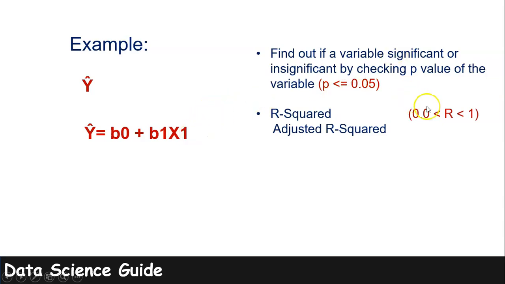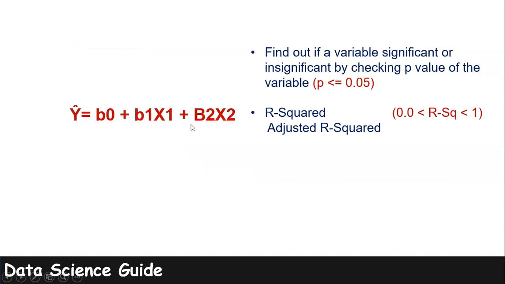I will also keep my eyes on the r-squared or the adjusted r-squared. Just remember this value. Let's assume that x1 is significant, so we'll keep it and add x2.